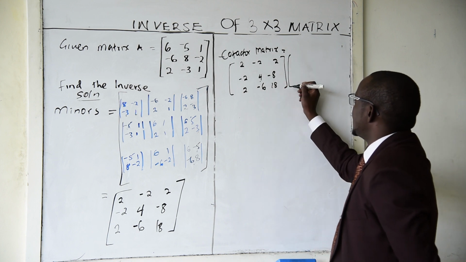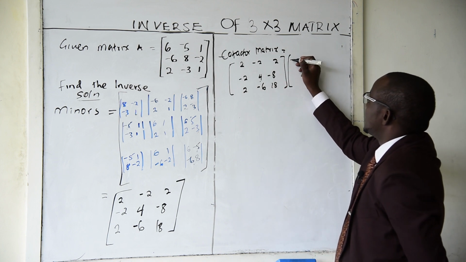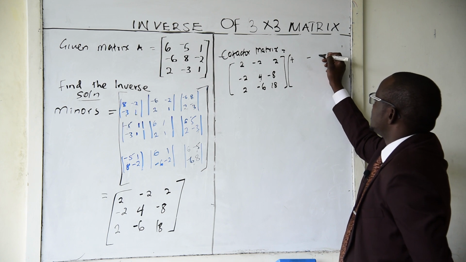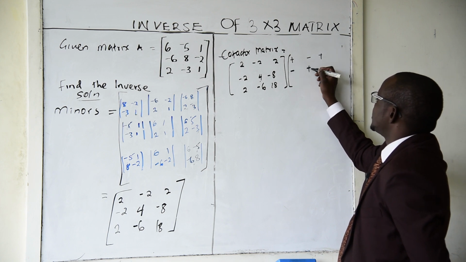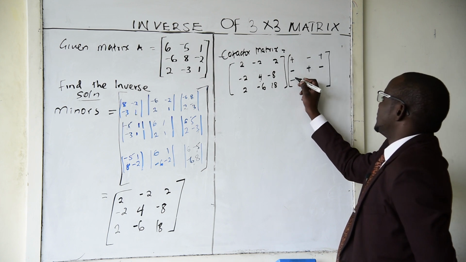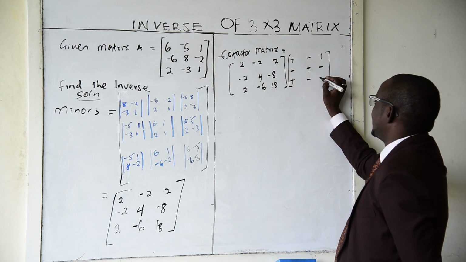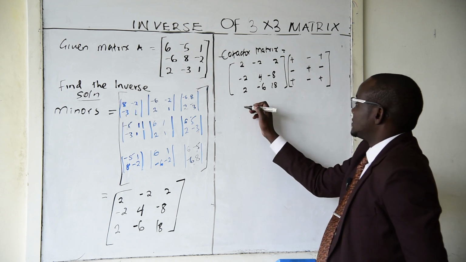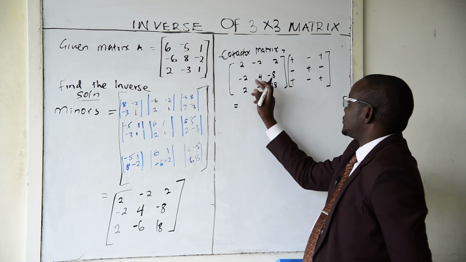So we have our identity matrix for signs: plus, minus, plus, minus, plus, minus, plus, minus, and then a plus.